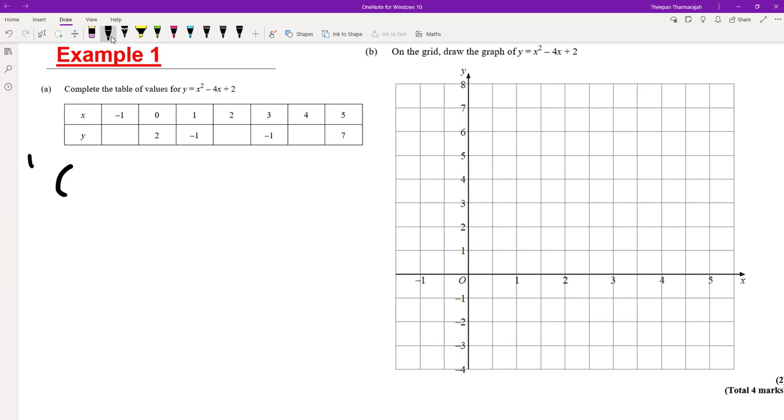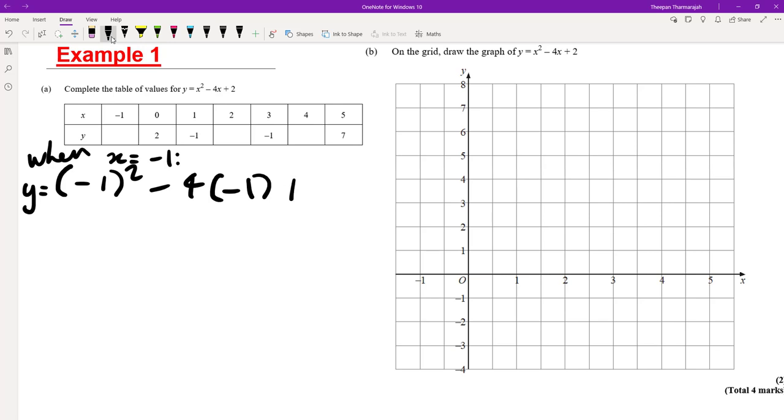So I'm going to say when x equals minus 1, y equals minus 1 in brackets squared minus 4 times minus 1 plus 2. Now just a matter of caution here.